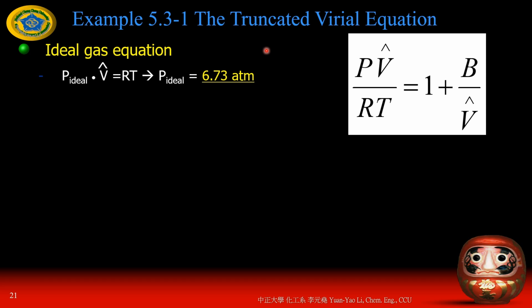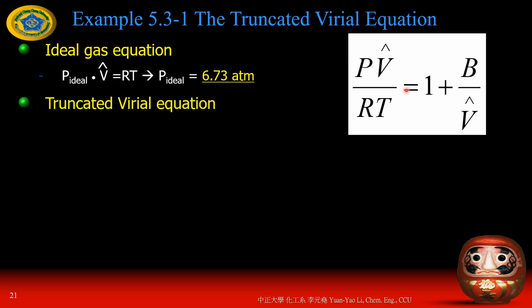Let's take a look at the slide here. We have temperature, we have volume, and we have B here. You know all the parameters already. For the ideal equation of state, P ideal times V-hat equals RT. When you do the calculation, P ideal will be equal to 6.73 atm.